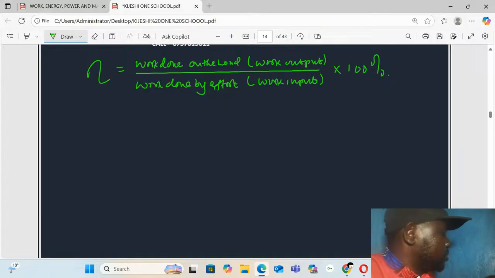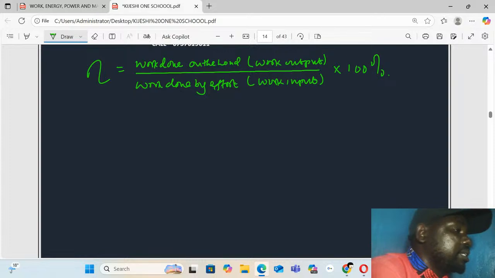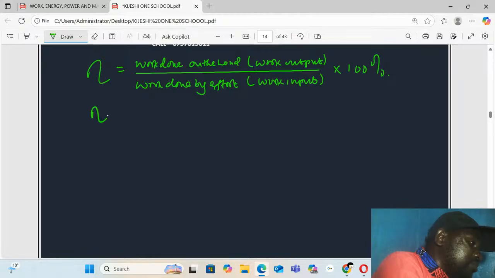Now let's get into the normal formula, where we said the work output will be the load times the load distance, and the work input will be the effort times the effort distance. Therefore, we can say this is given by L times dL over E times dE.